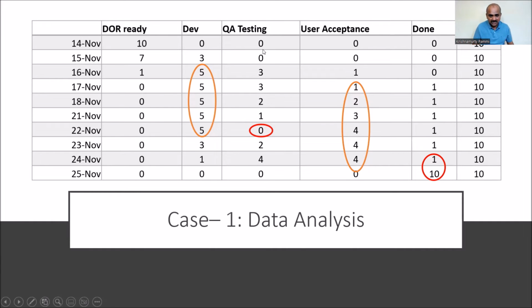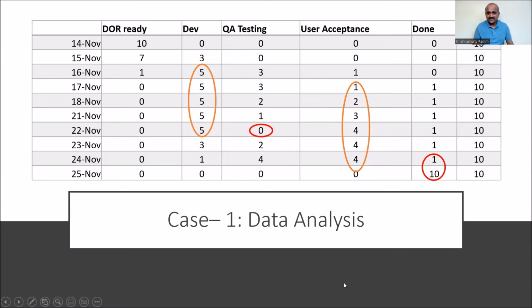Now, if you see the QA, there is one day, 22nd November, where QA does not have any work. It is 0. Similarly, in user acceptance testing, even though we are pushing the numbers, the queue is piling up. It is only on the final day that they are able to close the major features from the user acceptance testing point of view.